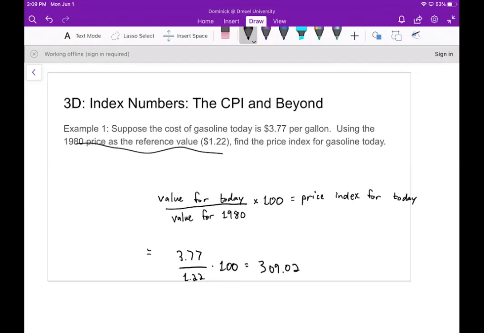So that would be my price index for today, right? And one way that you can interpret this is that it's essentially a percentage, right? Prices today are 309% of what they were in 1980, at least for gas.